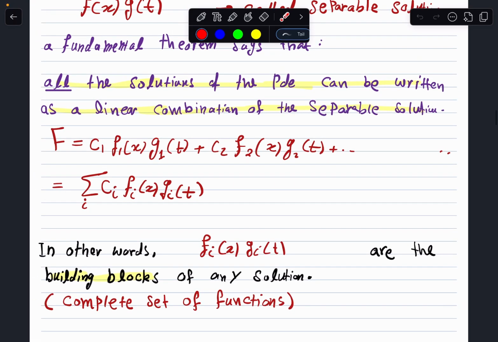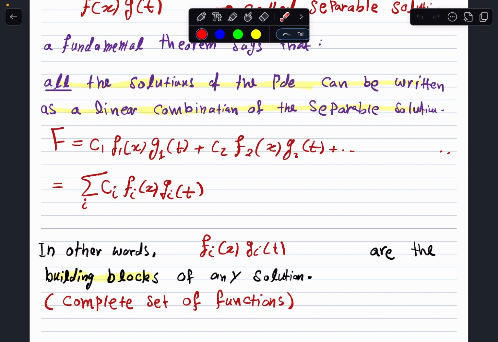Now, in other words, these members, which are the separable solutions, are what's called the building blocks of any solution. So the procedure is to find these building blocks. After that, any solution is just a linear combination of these building blocks. In mathematical terms, and even in physics, we call these functions, which are the separable solutions, a complete set of functions.